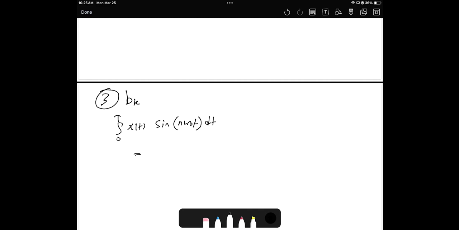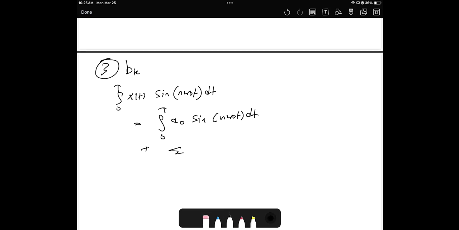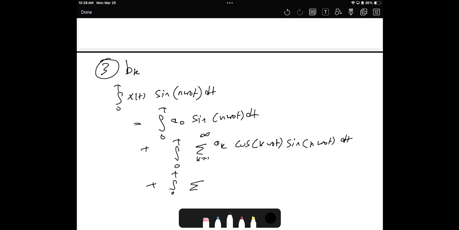When we expand it, it will be the integral from 0 to T of a naught sine m omega naught t dt, plus the sum from k equals 1 to infinity of a sub k cosine k omega naught t sine m omega naught t dt, plus the sum from k equals 1 to infinity of b sub k sine k omega naught t times sine m omega naught t dt.